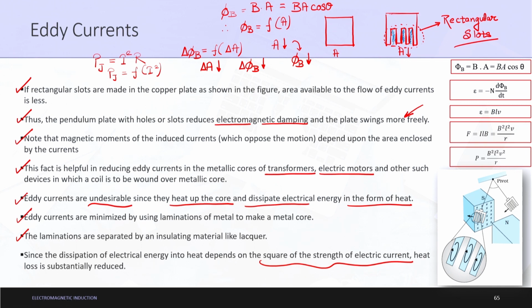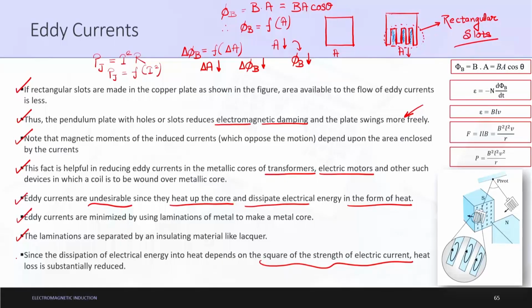As it is a squared function, a reduction of even 2 units in current leads to a reduction of 4 units in heating loss. Any very minute reduction in current can play a major role in the reduction of this Joule heating loss. So, if we reduce the eddy currents, it is very beneficial for us.